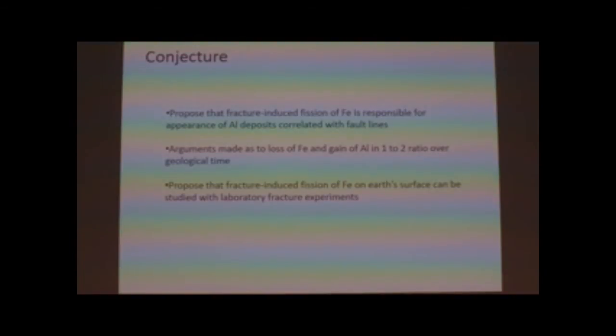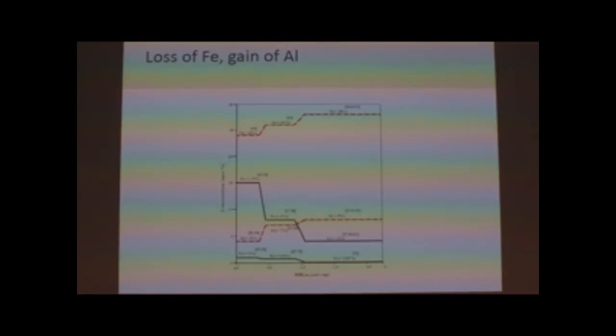So the conjecture is that maybe this effect that they're seeing in the stone fracture experiments can actually begin to account for the occurrence of aluminum on the Earth's crust. So here's, for example, this is billions of years ago.